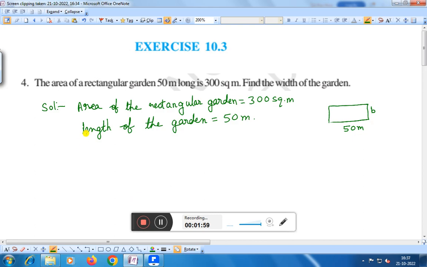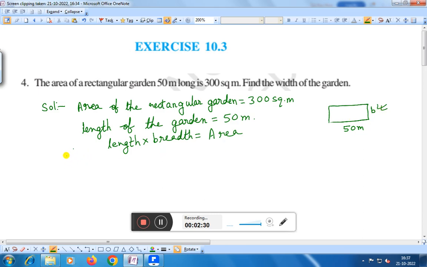But we know that length into breadth of a rectangle gives us the area of the rectangle. That means let us take the breadth of the garden be b.